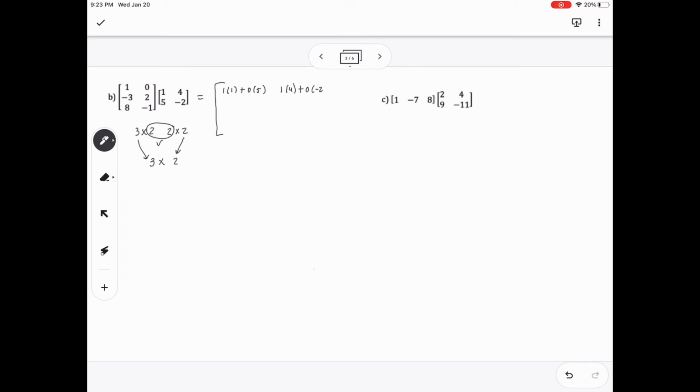So notice that I complete a row here every time, and then I go down to the next row in the first matrix, and then multiply that with all the columns in the second matrix. And then I go down to the third row, and I multiply that to all the columns in the second matrix until I have my completed matrix, which has all entry points filled in.